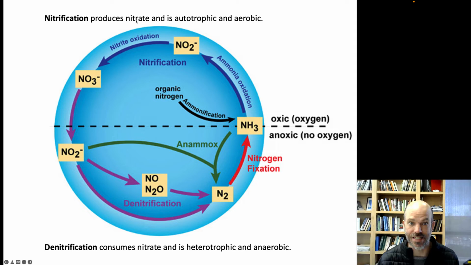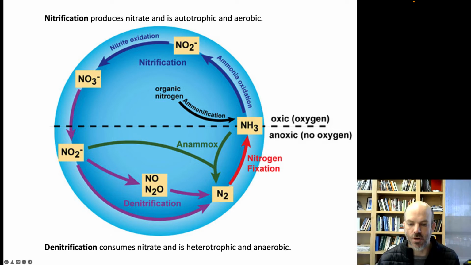Nitrification produces nitrate, so they have completely opposite relationships to nitrate. Denitrification is heterotrophic. Denitrification is consuming organic matter. Nitrification is autotrophic. Last time we talked about how the nitrifying archaea that carry out nitrification in the ocean are autotrophic. They are also fixing carbon dioxide as part of their metabolism.